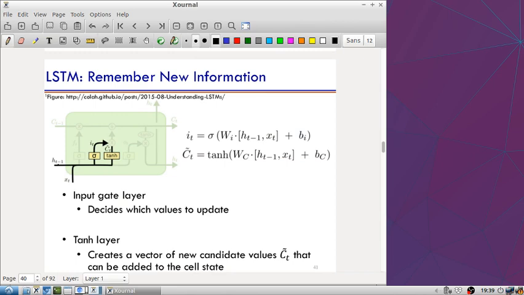Again, everything is driven by just h_{t-1} and x_t, just as before. So this would be the usual tanh operation. This will create your C tilde_t. This is what you want to finally update C_{t-1} with. But there is another gate, again a sigma layer, which does element-wise multiplication with C tilde to say, there is new information, but how much of it should I retain, how much should I forget, in the sense of not adding it to my cell state.